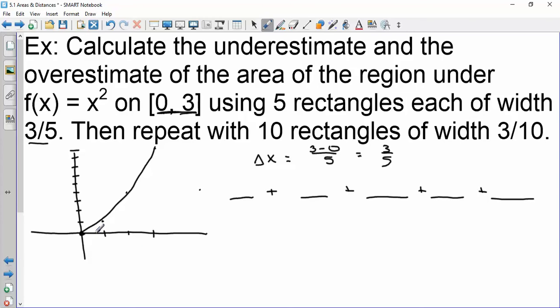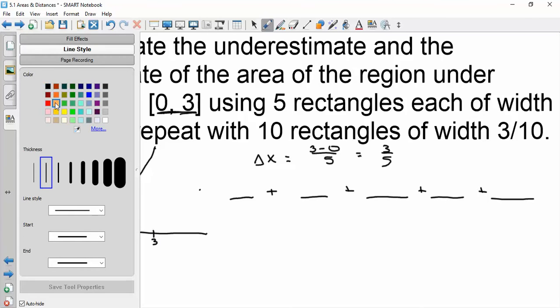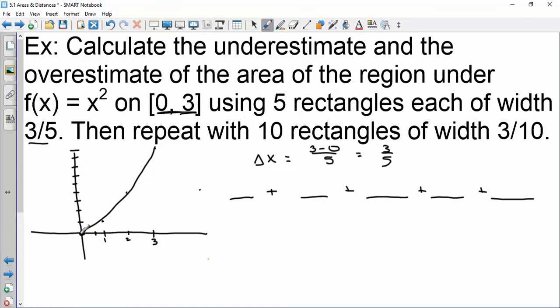So my first rectangle would start at 0, length of 3/5, it would go to here. So we wanted, let's do the overestimate first. So the length of this thing is 3/5. The height of this rectangle is measured by the point on the parabola.